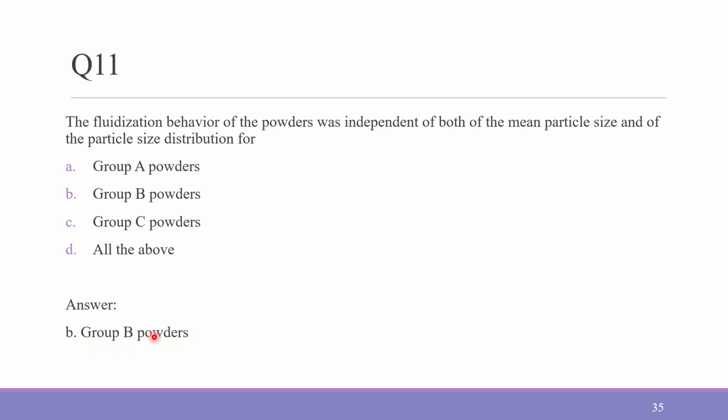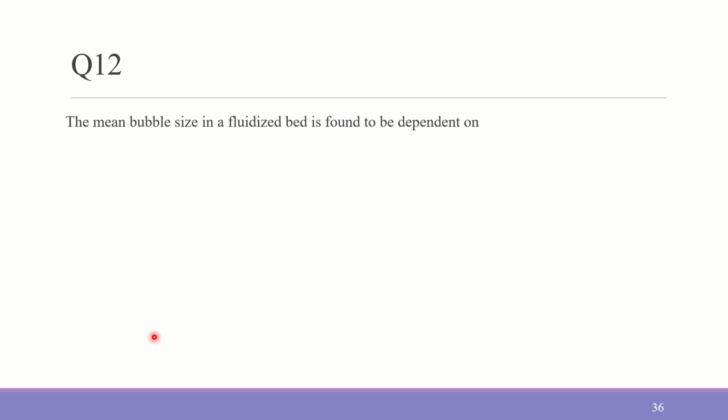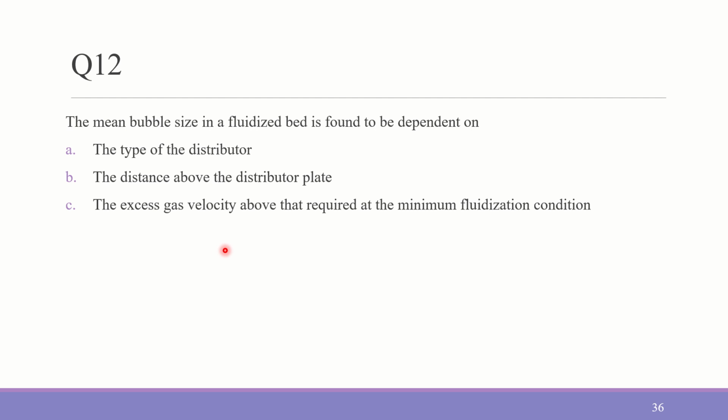Now let us go to question 12. Mean bubble size in a fluidized bed is found to be dependent on: option A, type of the distributor; option B, distance above the distributor plate; option C, excess gas velocity above that required at the minimum fluidization condition; option D, all the above.